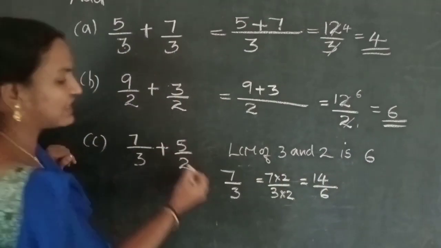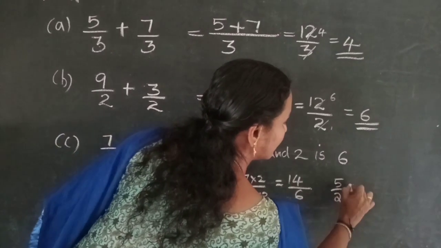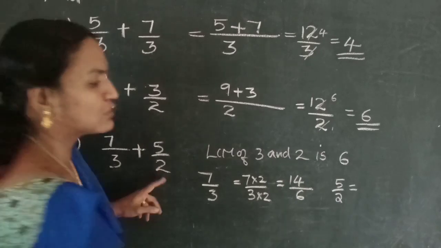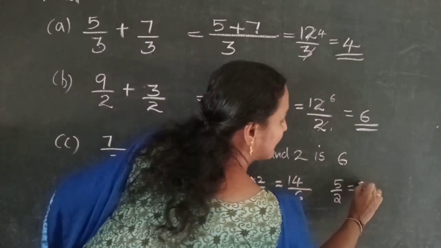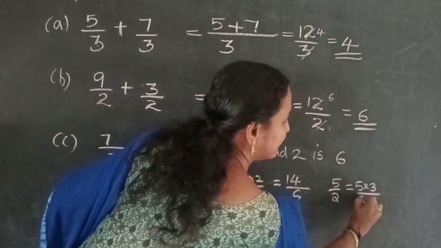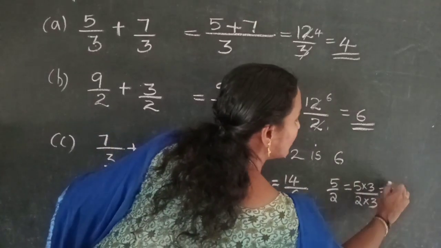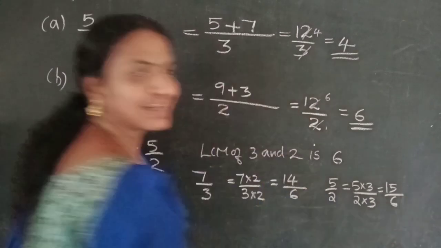The next fraction, 5 by 2. Here the denominator is 2. Multiply 2 with 3, we get 6. So multiply the numerator and denominator by 3. 5 into 3 divided by 2 into 3 is 15 divided by 6.